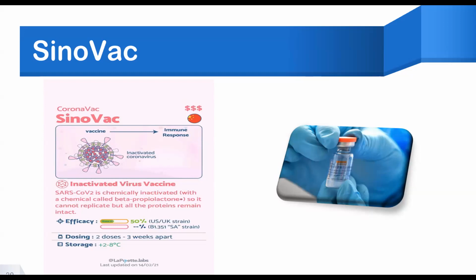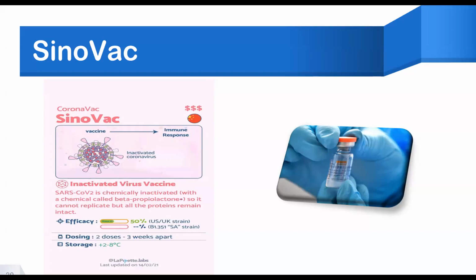Thousands of people, mostly frontliners, have already received it. It is based in Beijing, which is the main base of its biopharmaceutical company. This triggers the body to begin making this protein. So Sinovac trains our immune system to attack.